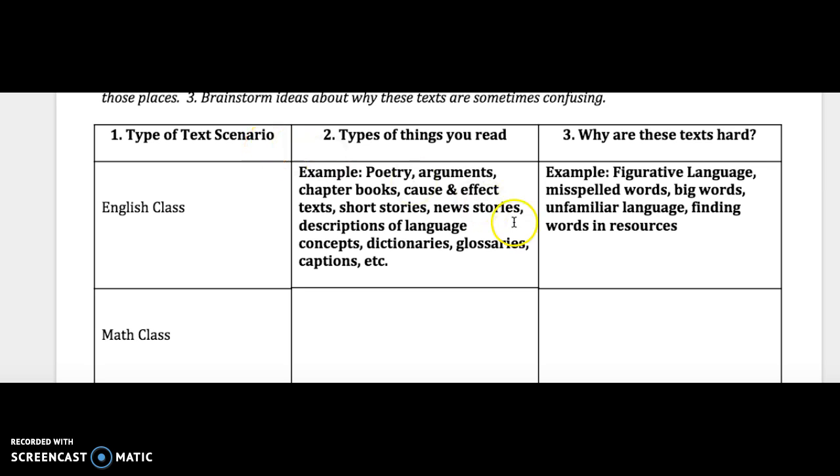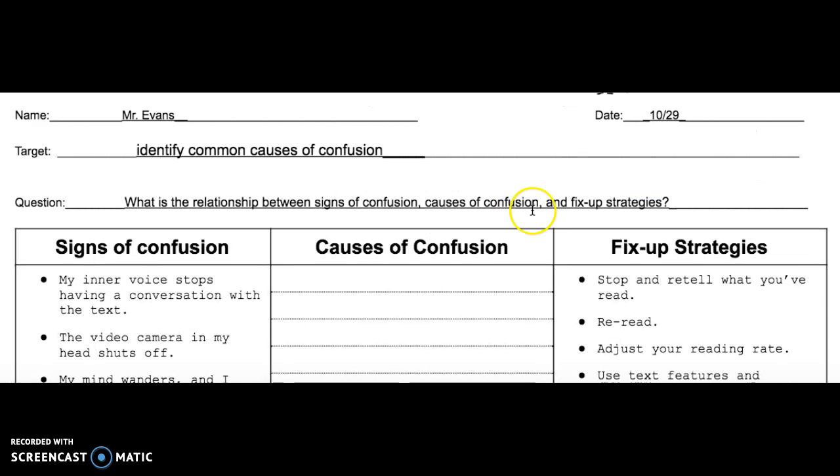And then you take the items from why are these texts hard, and you'll copy them. So I'll copy. And then we'll look at this other document that we saw in the last video, where it has our signs of confusion, causes of confusion, and fix-it strategies.